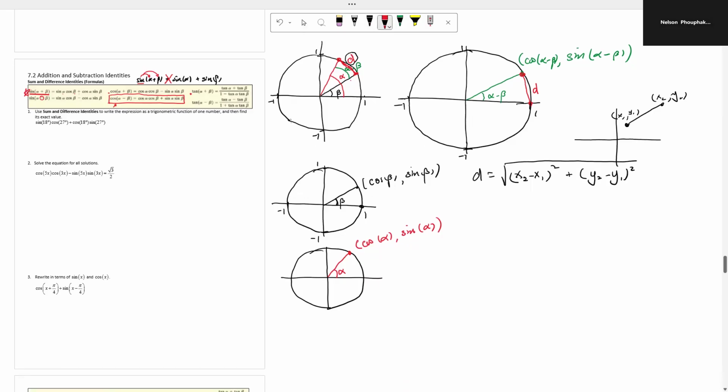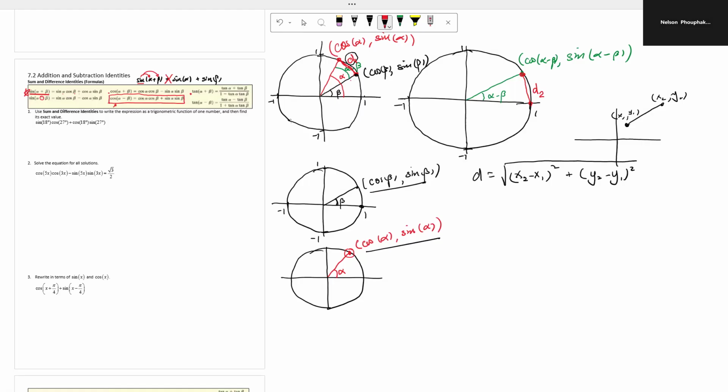This distance d is the distance between cosine alpha, sine alpha and cosine beta, sine beta. If I plug it in, maybe I name this one d sub 1 and this one d sub 2, so we know the difference.